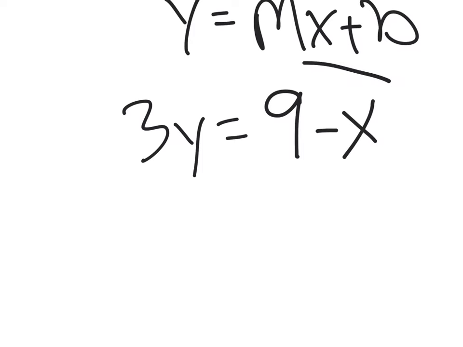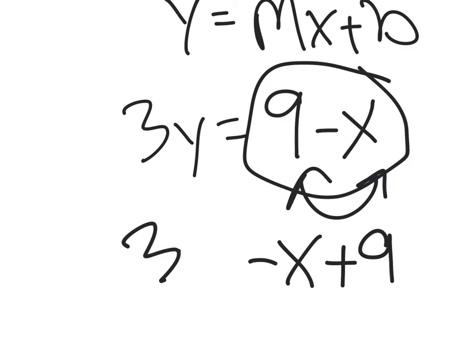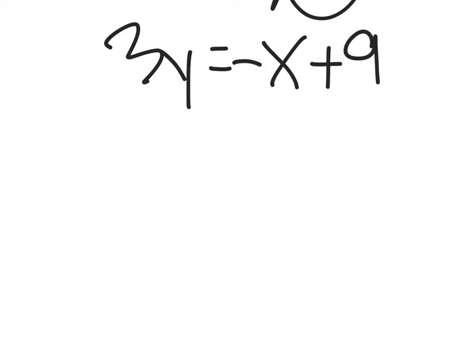These two on the right-hand side of my equation, I can just flip them, okay? So I can do a -x plus 9, and then 3y equals that. So that gets me pretty close to my equation of y equals mx plus b. However, this coefficient of 3 needs to be changed. So I need to get that down to 1.